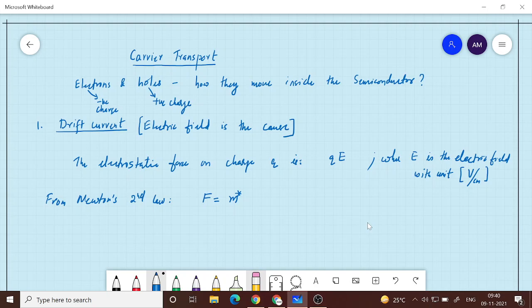For an electron we can give e as a suffix, or even n as a suffix, n for negatively charged carrier and p for positively charged carrier. One of these notations we can use. I think we have earlier used m star e, so I will stick with that. So m star e into the acceleration. This force is coming from the electrostatic force. Therefore, m star e times the acceleration is equal to Q into E.